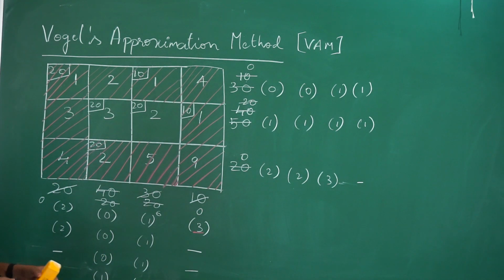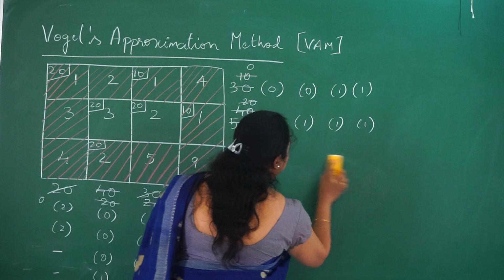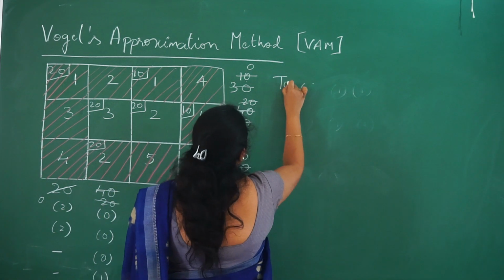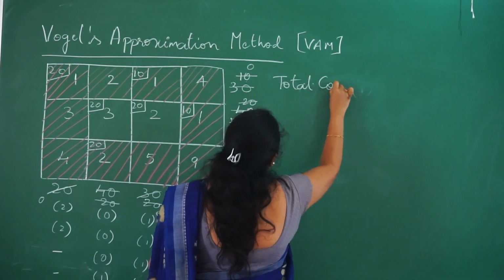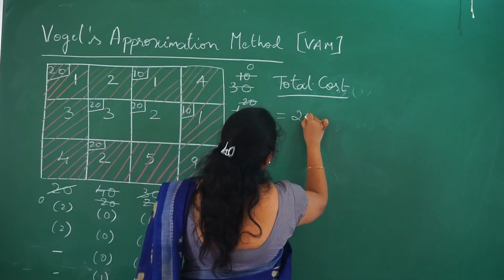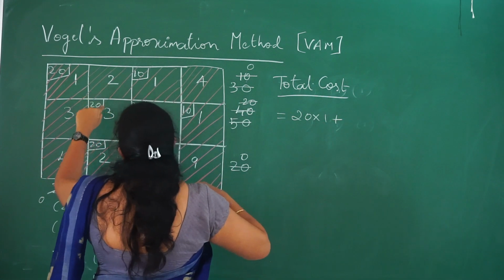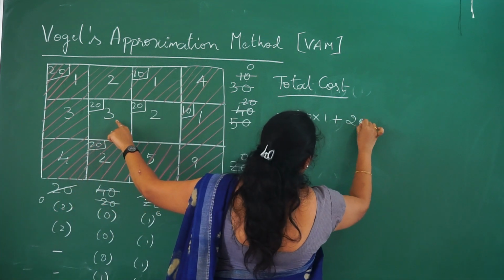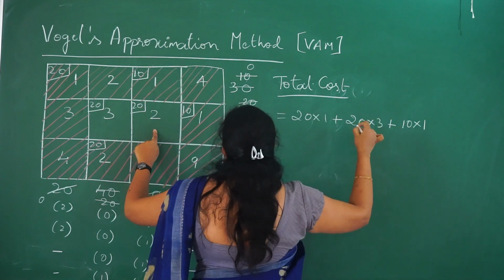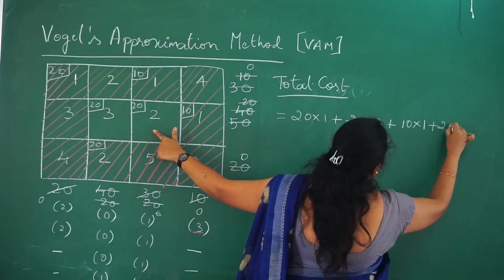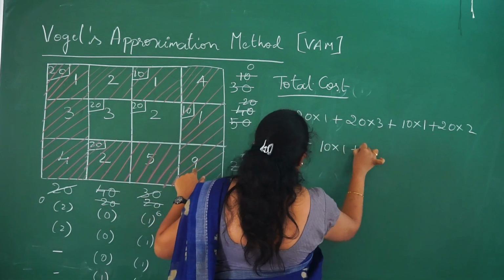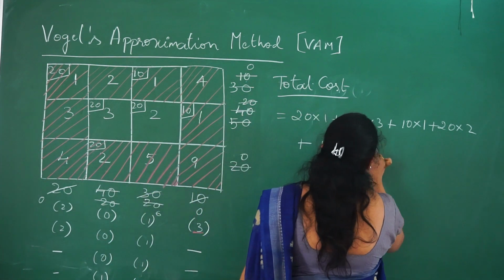So now it's the final step, that is finding the total cost. So we will find the total cost now and we will see what would be the total cost using Vogel's approximation. Okay, so 20 into 1 plus 20 into 3 plus 10 into 1 plus 20 into 2 plus 10 into 1 plus 20 into 2.